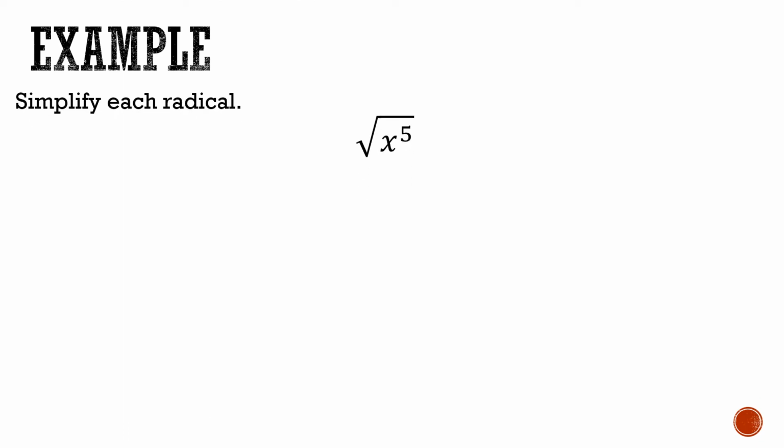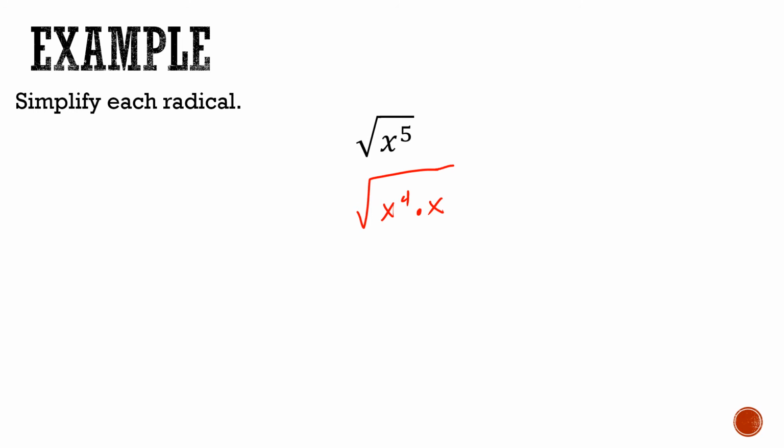Square root of x to the 5th. As we can observe, 5 is not divisible by the index, which is 2. So we need to expand this. Get the factors of x to the 5th wherein one is a perfect square. So we can rewrite this as square root of x to the 4th multiplied by x.